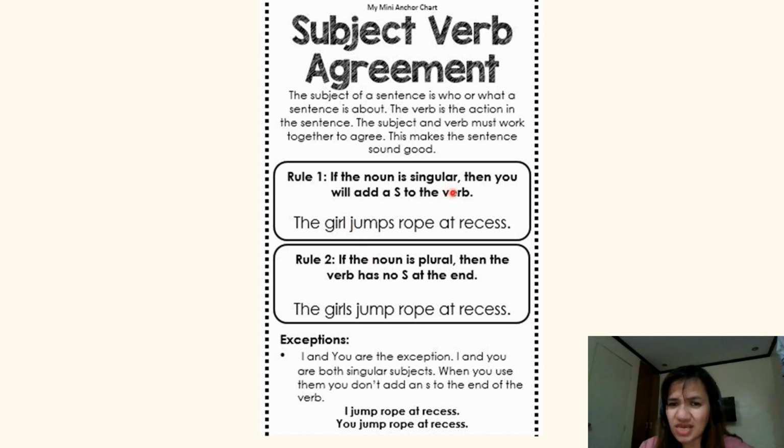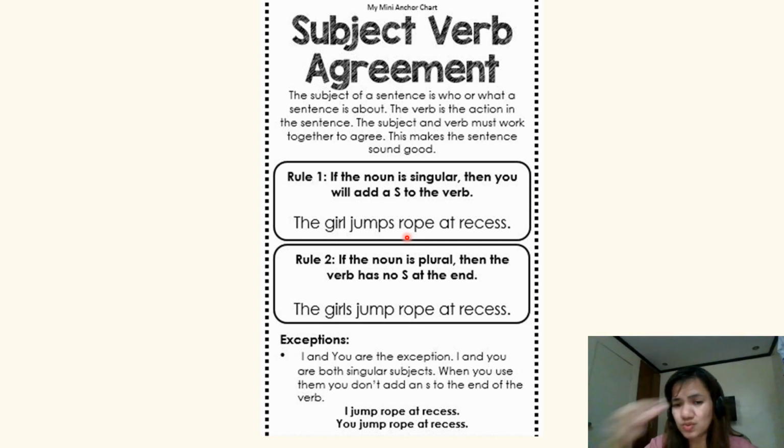If the noun is singular, then you will add S to the verb. Look at the noun here, girl. The girl jumps rope at recess. Your subject here is girl, then your verb must be singular in form, or with S. Jumps rope at recess.